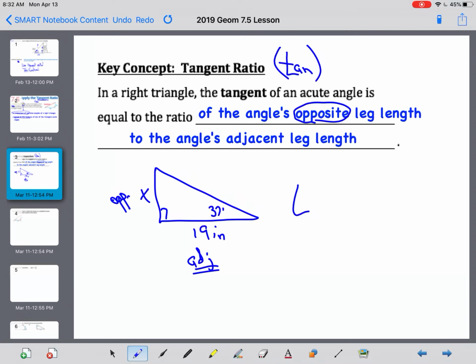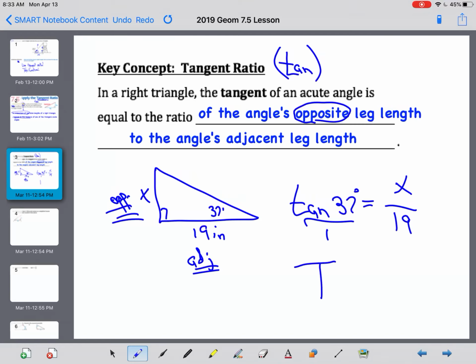So in this case, we would write this equation: tangent 37 degrees over 1 equals x over 19. The x goes on top in this case because it is the opposite, and that is where it goes.